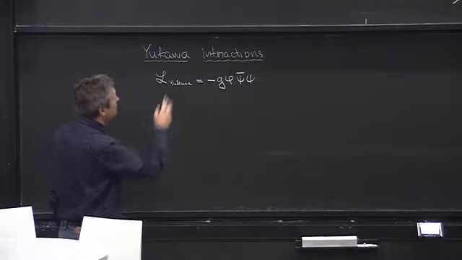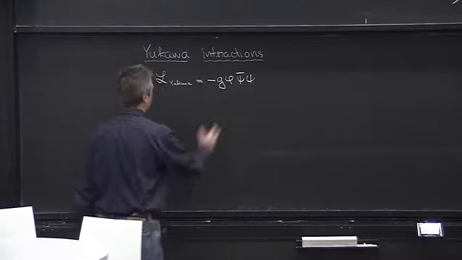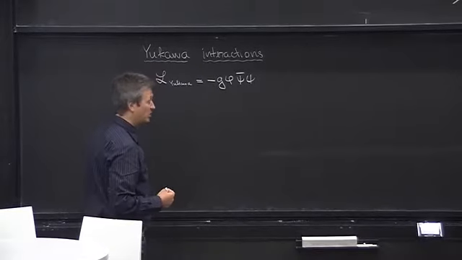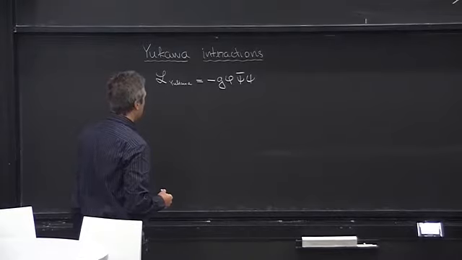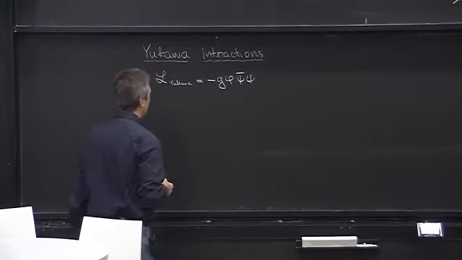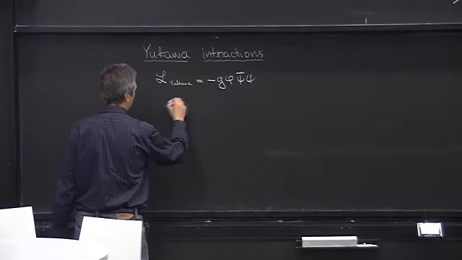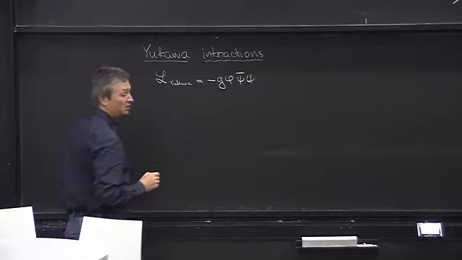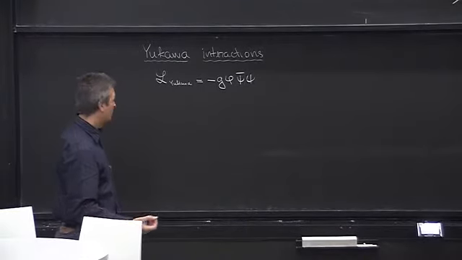So when we do the same thing, let's consider the scattering of these fermions on each other. And so, okay, what are the Feynman rules for this theory? The interaction Lagrangian determines what are the vertices of interaction, right?